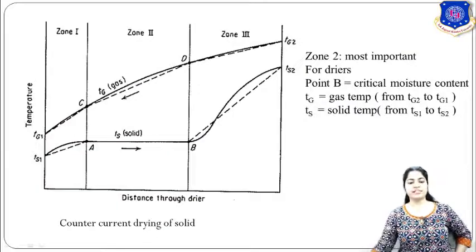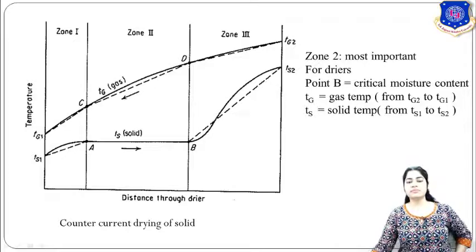Here you can see that in zone 1, the temperature of the wet solid has increased only very little, because it is the preheat zone. Whereas in zone 2 the temperature of the solid is constant. But for the gas you can see that a drastic temperature reduction occurs.